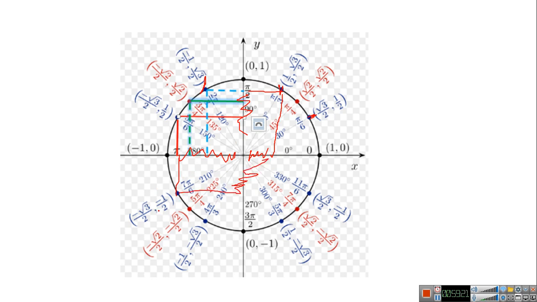So by locating the angle correctly, if it's a multiple of 30, it's plus or minus radical 3 over 2 or plus or minus half. If it's 45, the red ones, it's always plus or minus radical 2 over 2. And for the 90 degree angles, it's 1, 0, 0, 1, minus 1, 0, or 0, minus 1.